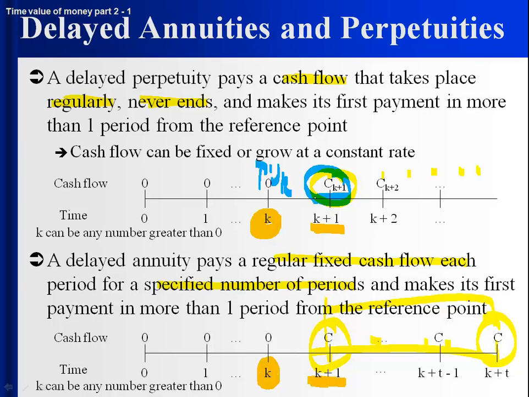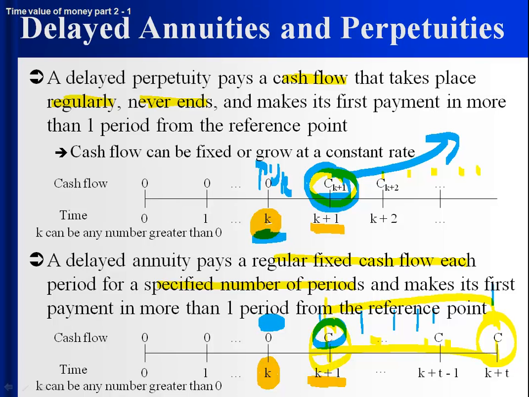Divide it by the appropriate discount rate, and I would get the value of this investment as of this point in time. If it grows at a constant rate, then we would do the next cash flow over R minus G. Likewise here, we get out of our time machine and say, hey look, 1, 2, 3, 4, 5, let's say 6. Find the value of a 6-period annuity with this as a payment, whatever the discount rate is, and we get the value as of this point in time.